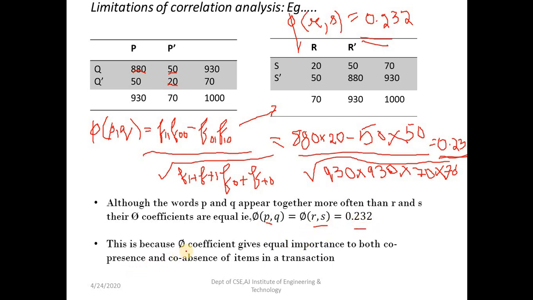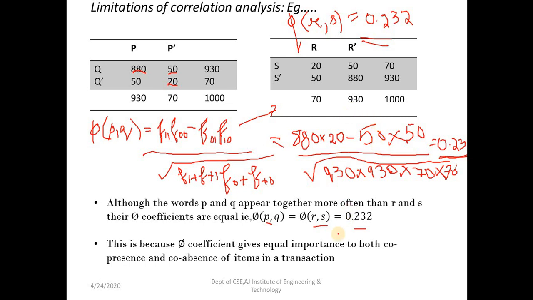This is because the phi coefficient gives equal importance to both co-presence and co-absence. So the phi coefficient is more suitable for analyzing symmetric binary variables. Why is it more suitable? Because both presence and absence are given equal importance.